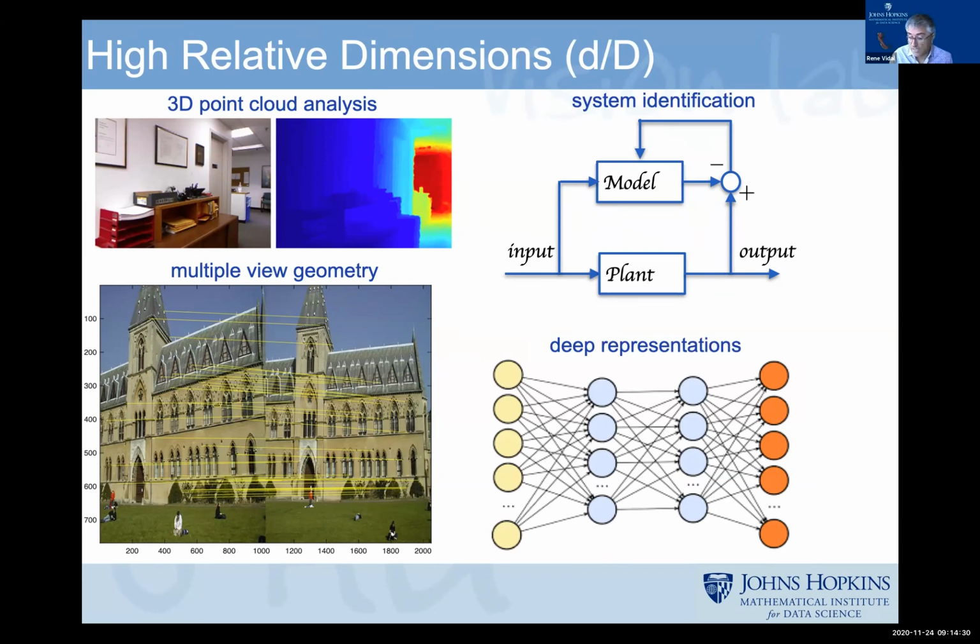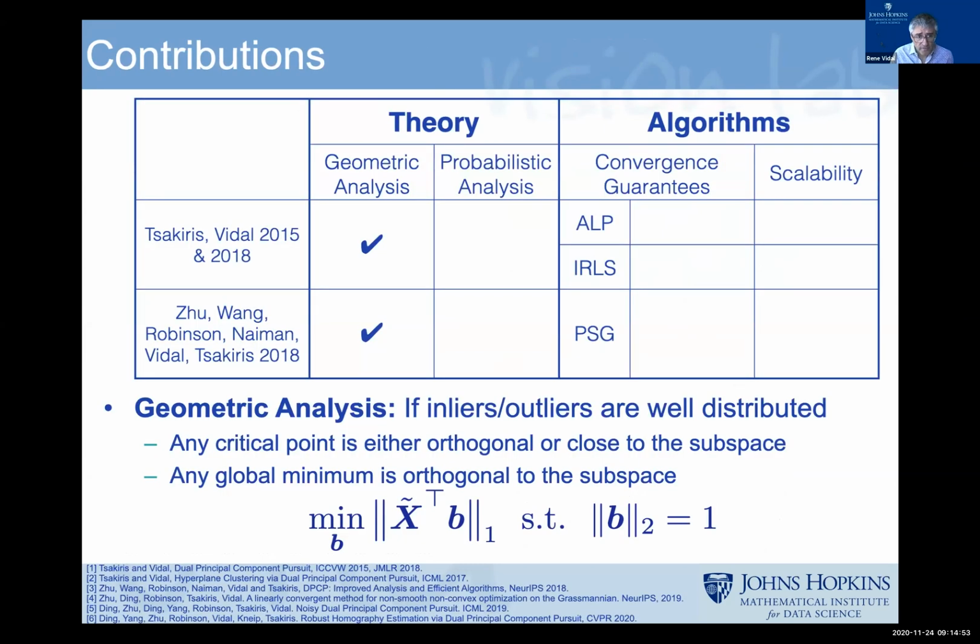If your latent representation is 4,096 dimensional, these intermediate representations might be 4,000 dimensional. So it appears that the dimension of the subspaces might be higher than usual for these deep representations. Over the last several years, we've been working on various aspects of this problem.